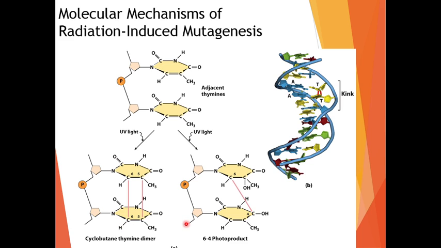An alternative reaction results in a 6,4 photoproduct with a linkage between C6 and a C4 of the adjacent thymine. Formation of a cyclobutane pyrimidine dimer like this introduces a kink or a bend into the double-stranded DNA, and this is deleterious.